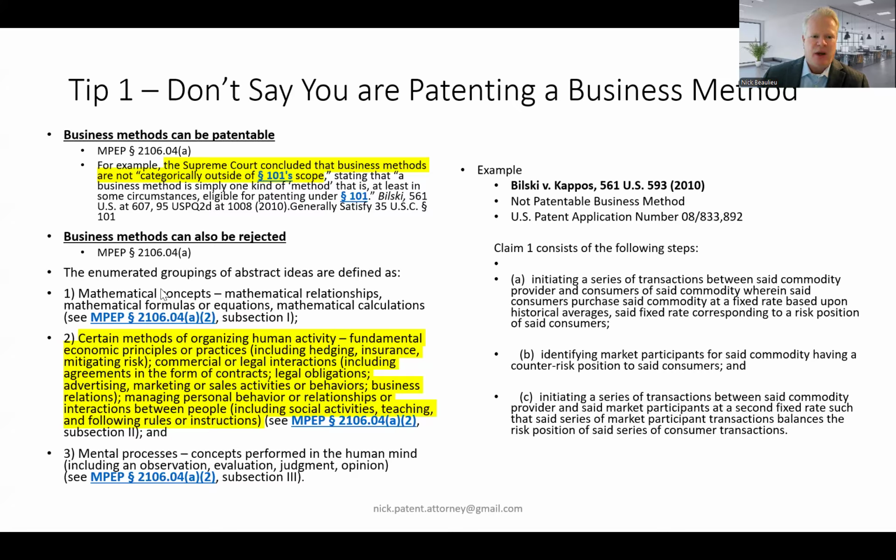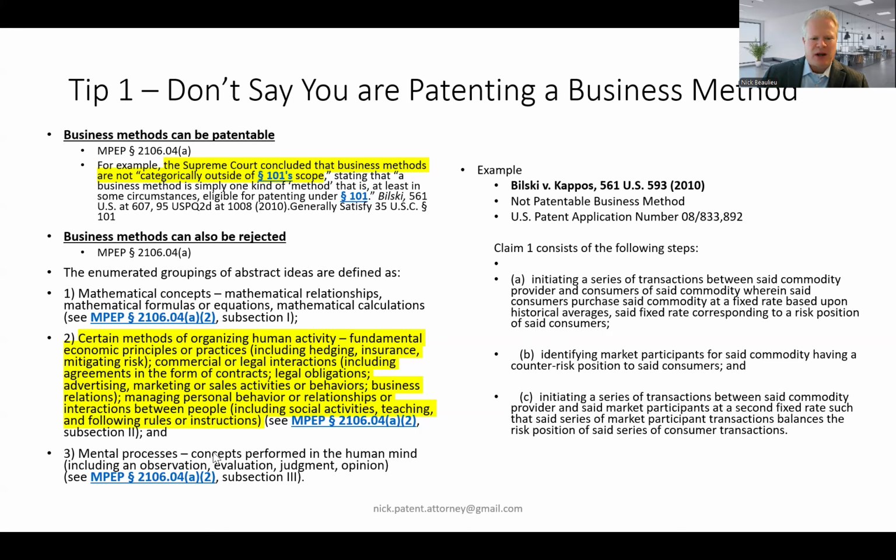Again, from the same section of the MPEP, we have some categories of abstract ideas. First, mathematical concepts. Second, certain methods of organizing human activity, which I've highlighted here: fundamental economic principles or practices, including hedging, insurance, mitigating risk; commercial or legal interactions, including agreements in the form of contracts, legal obligations, advertising, marketing or sales activities or behaviors, business relations; managing personal behavior, relationships, or interactions between people, including social activities, teaching, and following rules or instructions.